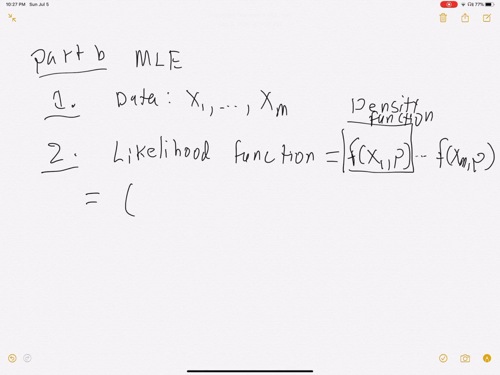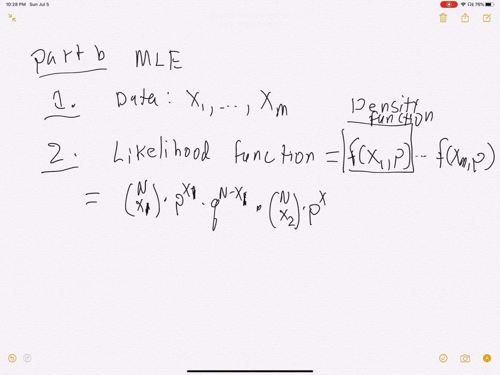This is going to be n choose x sub i times p to the x i times q to the n minus x sub 1, times the likelihood function of x sub 2, n choose x sub 2, times p to the x sub 2, times q to the n minus x sub 2.